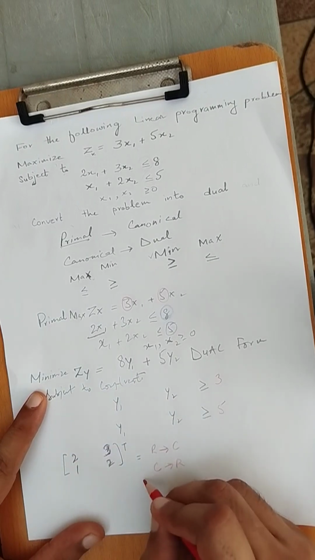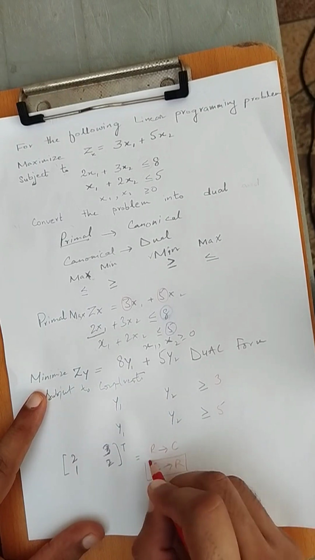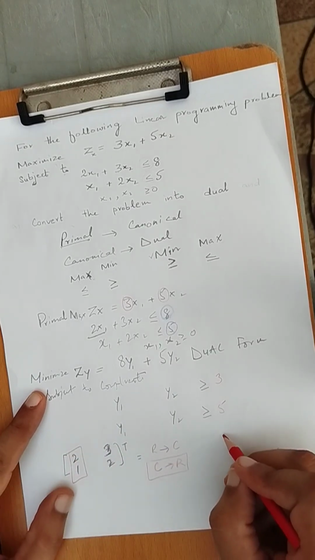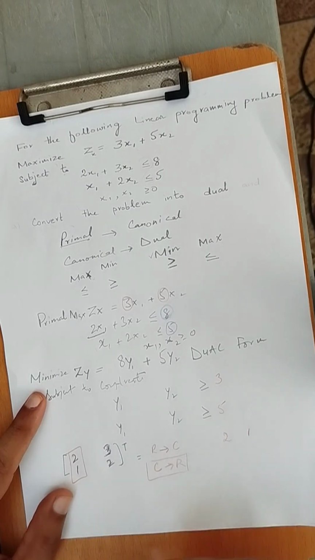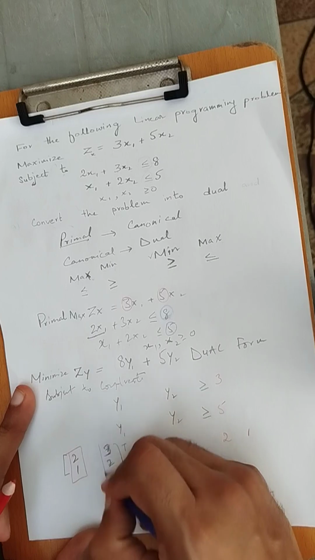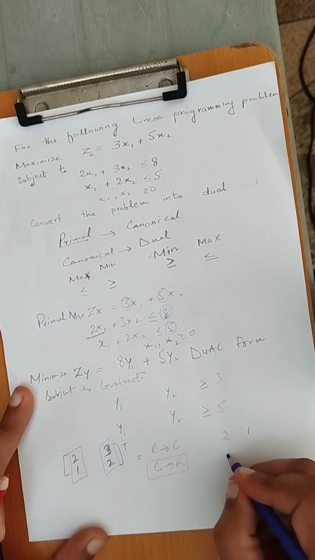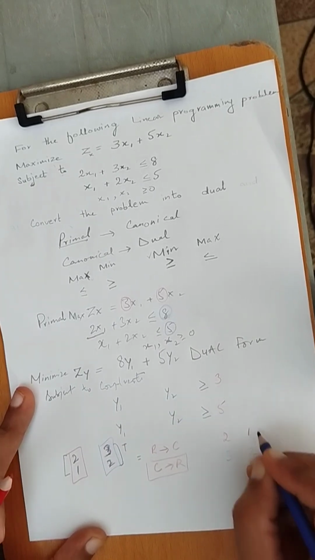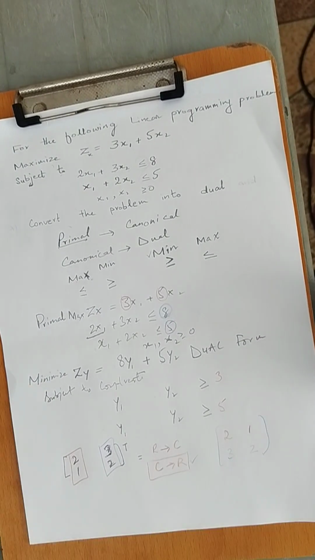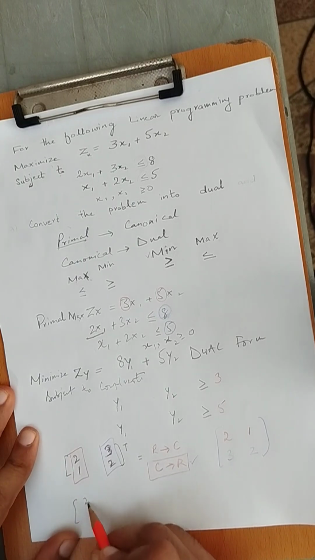First we do column to row. So this is the column. The column has to be converted into row, and this is the other column. It has to be converted into row. So column is converted into row.